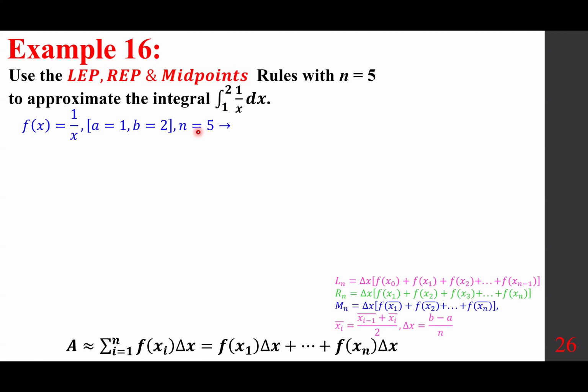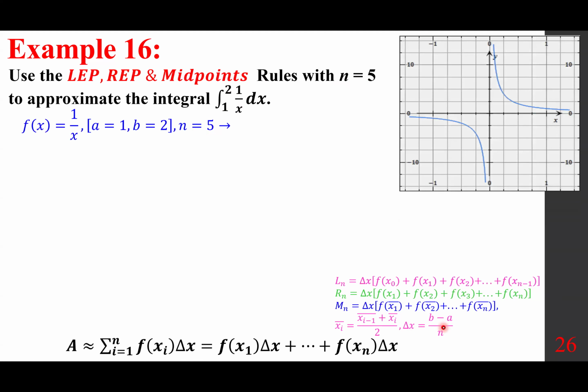The very first thing we calculate is delta x, which is b minus a over n. What we are dealing with here is the graph of y equals 1 over x. Everybody's familiar with it, it looks like this. We want to go from 1 to 2, which means we want this area.